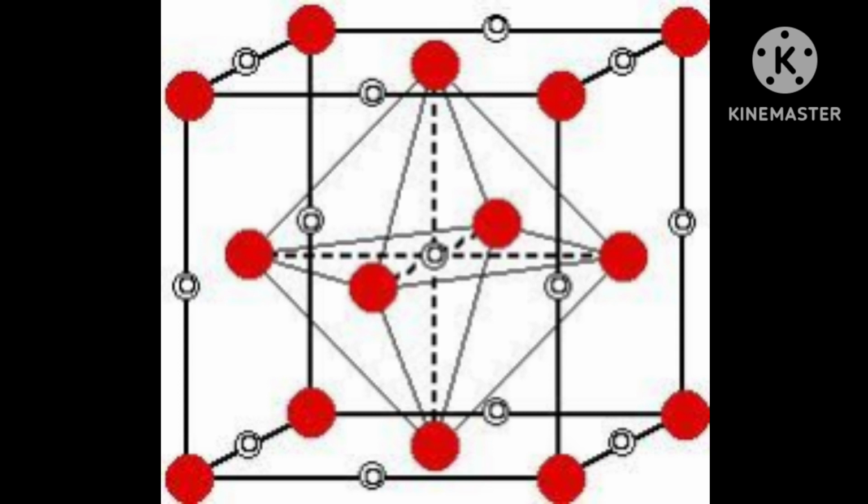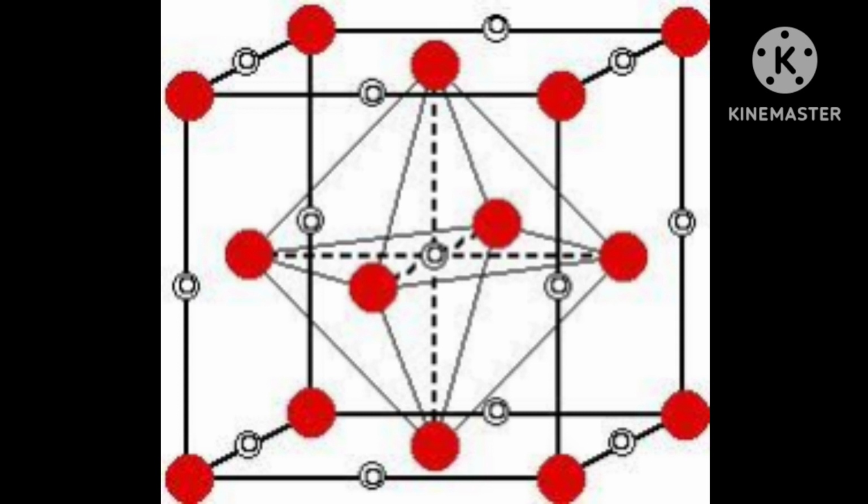On each face, in the center, one atom is there. If these face centers are joined, an octahedron is generated. Thus this unit cell has one octahedral void at the body center of the cube.